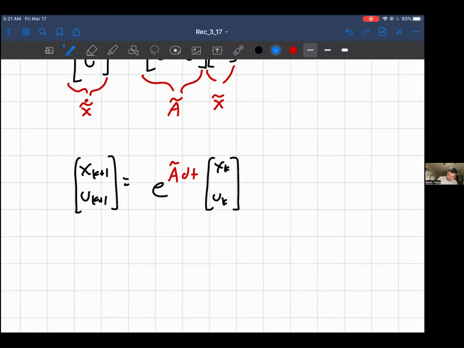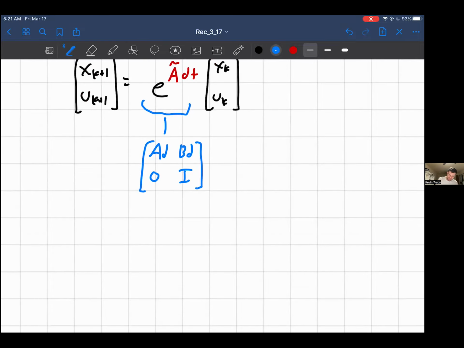And then this thing will end up having this structure. It'll look like this after we take the matrix exponential of this A tilde times dt, we're going to get this.